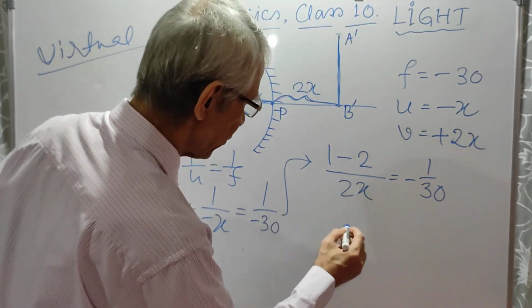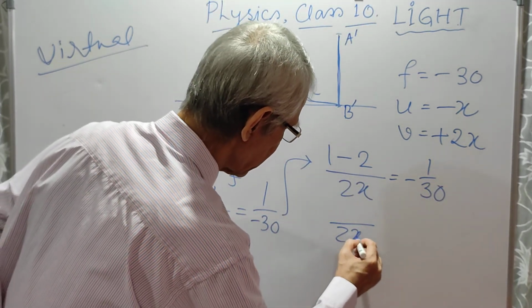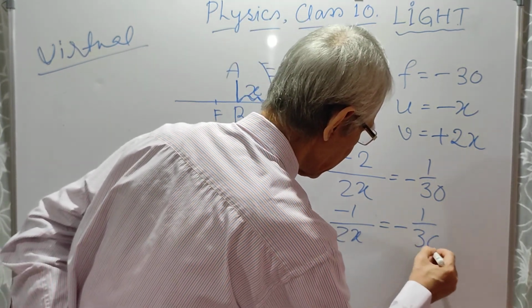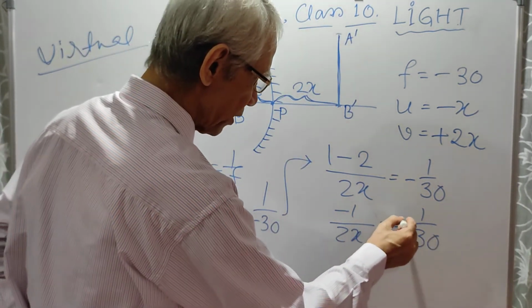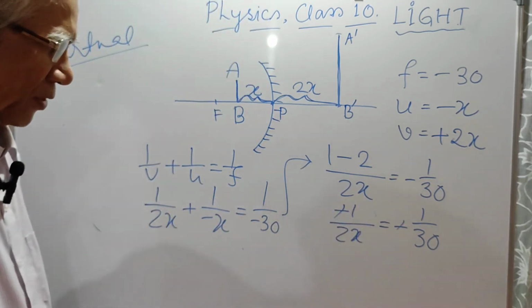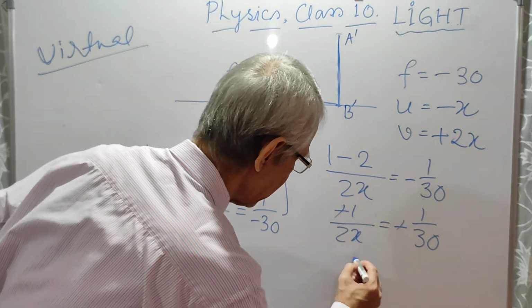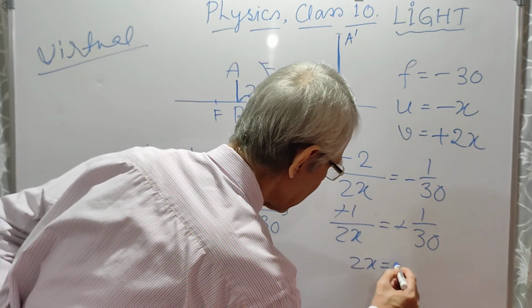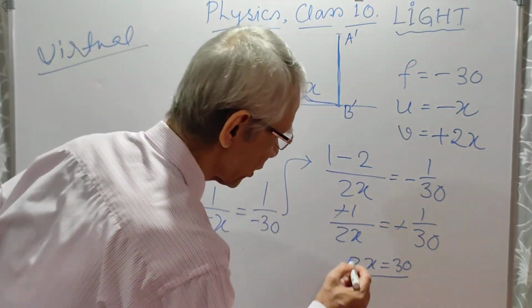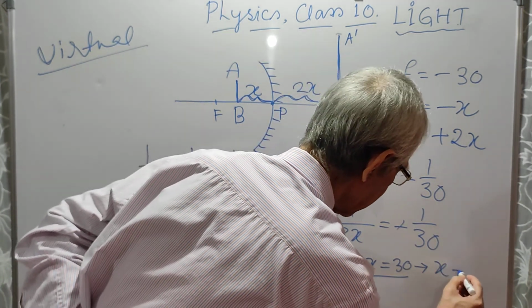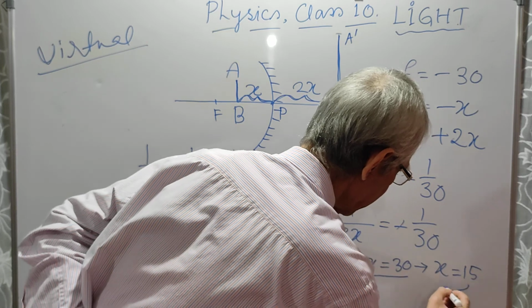All right. Then from here what do you get? Twice x. This is minus 1 equal to minus 1 by 30. Now both sides the minus you can cancel. That means you make them plus. So what do you get? 2x equal to 30, which gives what? x equal to 15 centimeter.